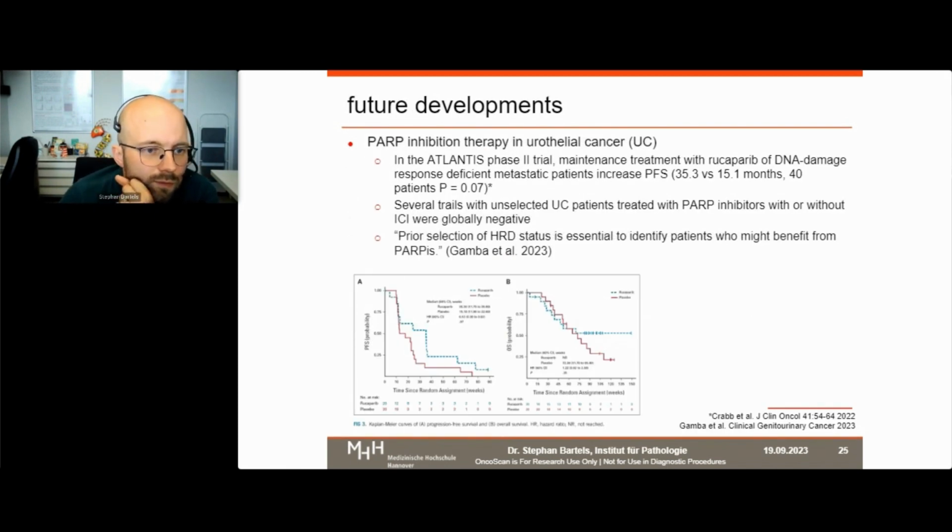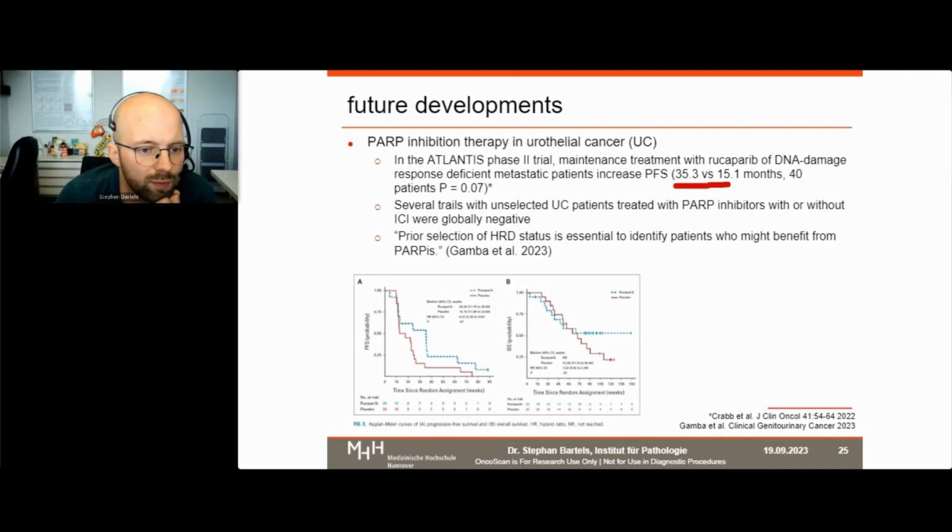Okay, some data on what will come up in the future. We have studies for PARP inhibition therapy in urothelial cancer, for example, the Atlantis phase 2 trial. And there we see a very nice increase in progression-free survival in patients with deficient DNA damage response.